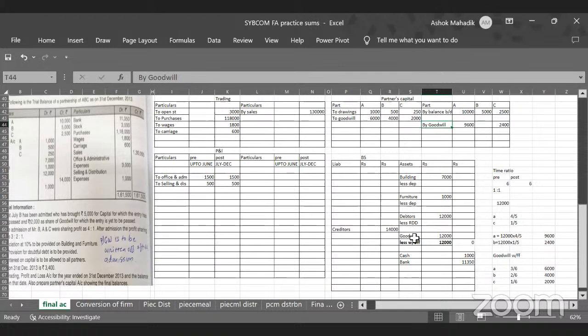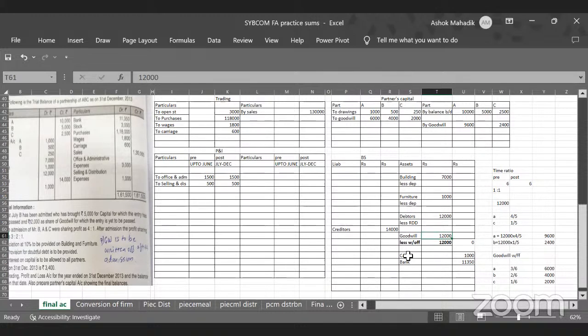I have shown you how to do it in the balance sheet. The balance sheet part, even if you don't do it, it's okay. You can just show the entry only in the partners' capital account. If they say raised, then divide between A and C and give the second effect on the asset side, like 12,000. If they say write off, then remove it from the balance sheet, 0, and debit it to all the 3 partners in their PSR. I hope this is clear.